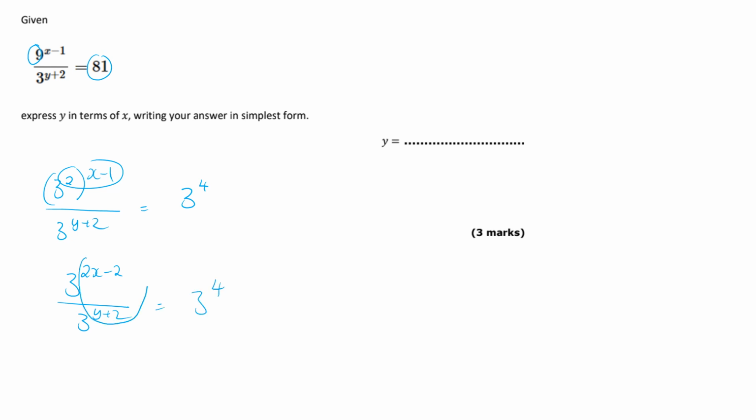Then taking these away and equating to the 4, you've got 2x minus 2 minus y minus 2 is equal to 4. Take that y to the other side because it says express y in terms of x. So here you're going to have 2x minus 4 on this side, and then when that 4 goes on the other side it'll be minus another 4, so it'll be minus 8 is equal to y.